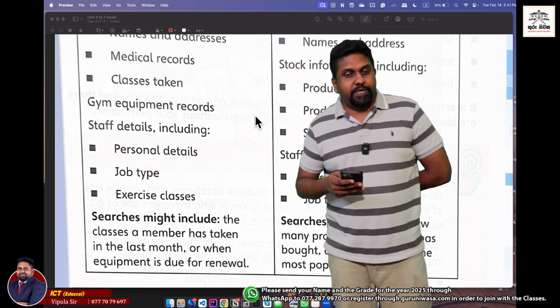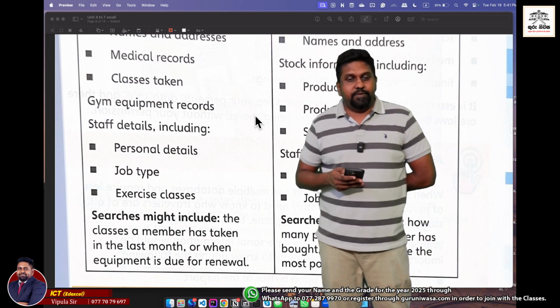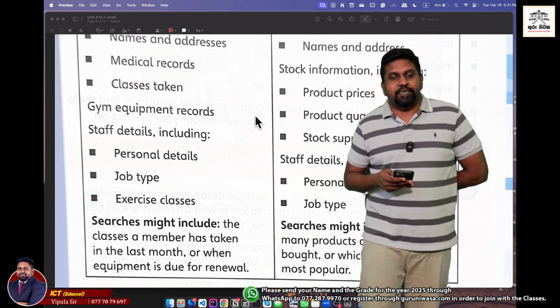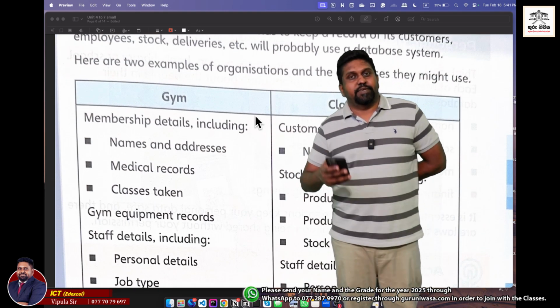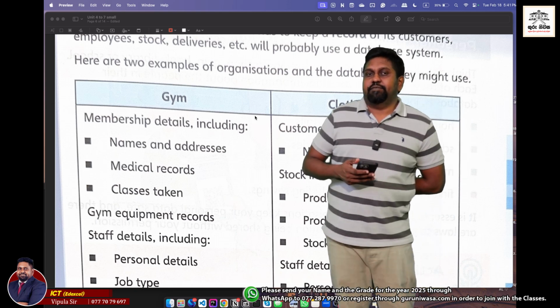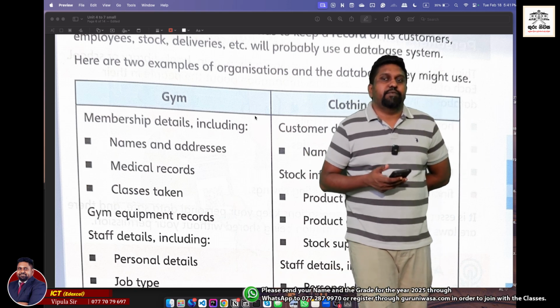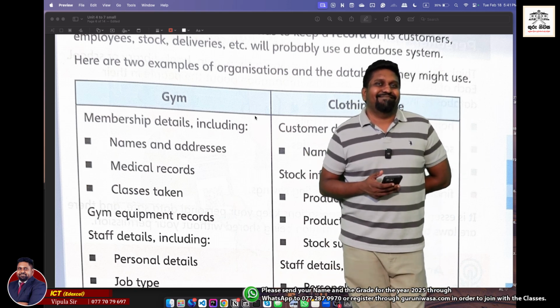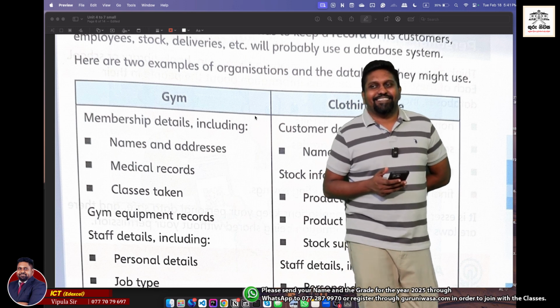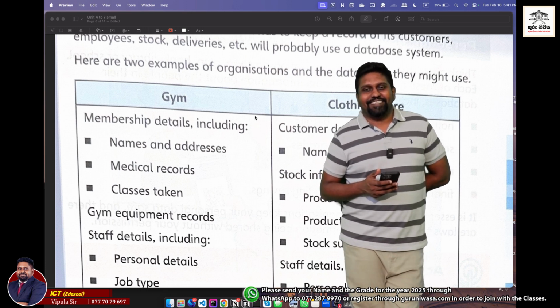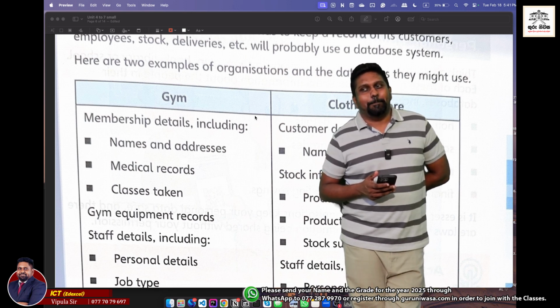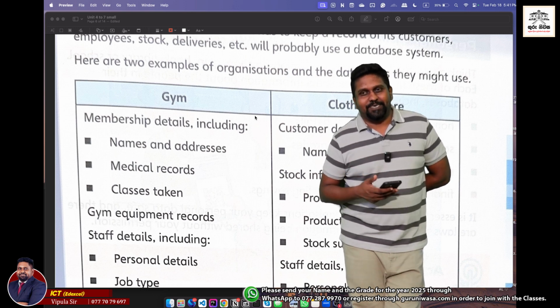Equipments? Okay. Now, think about the basic details. Now, I come to your gym. When I'm there at the gym, what do you need to check? When I come to your gym, let's say you're a gym owner and I come to your gym, what do you think you will check first?